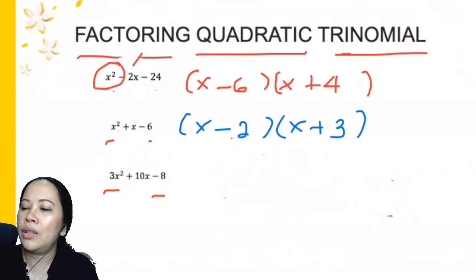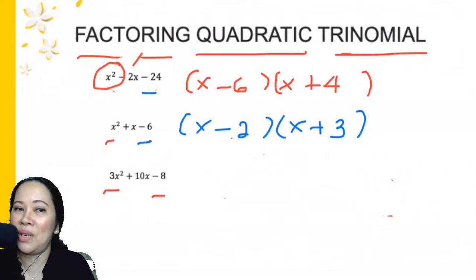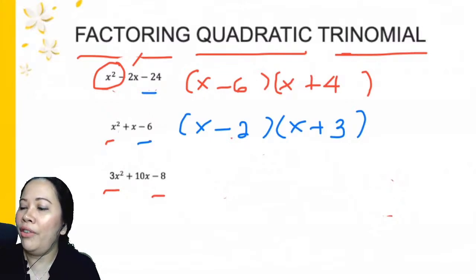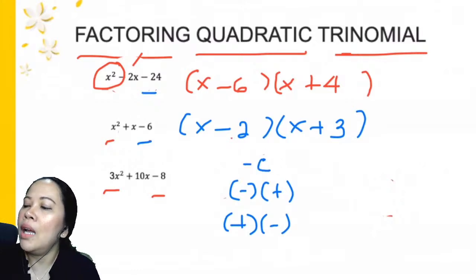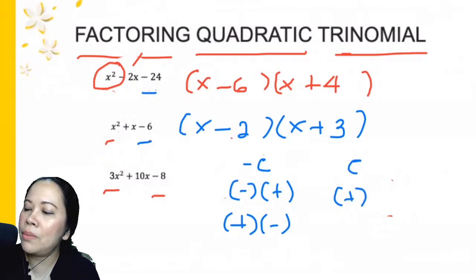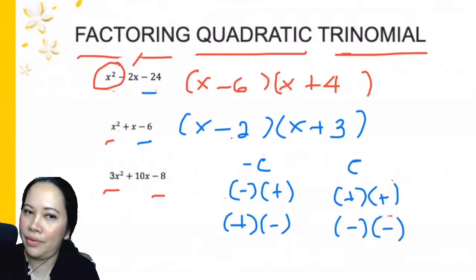The last term is always a multiplication of two numbers, or factors of 2. So if it is negative, that means it's negative times positive, or positive times negative. If the last term is a negative c. Now, if the last term is a positive c, then it could be positive times positive, or negative times negative.